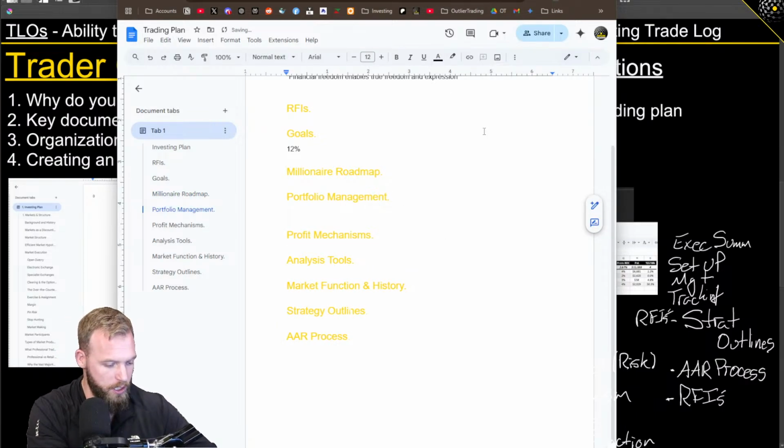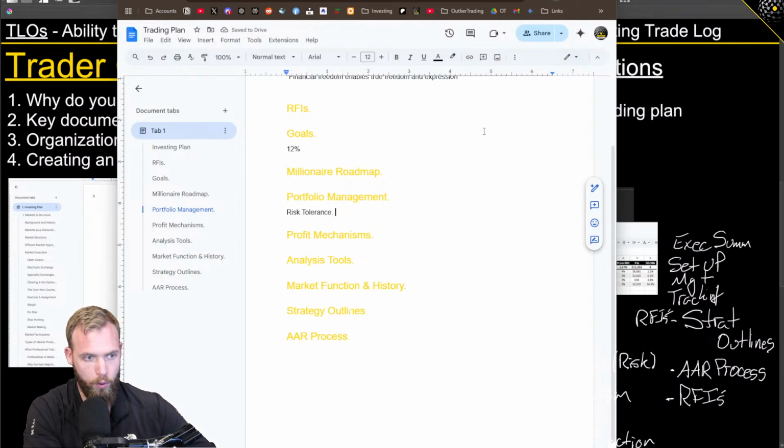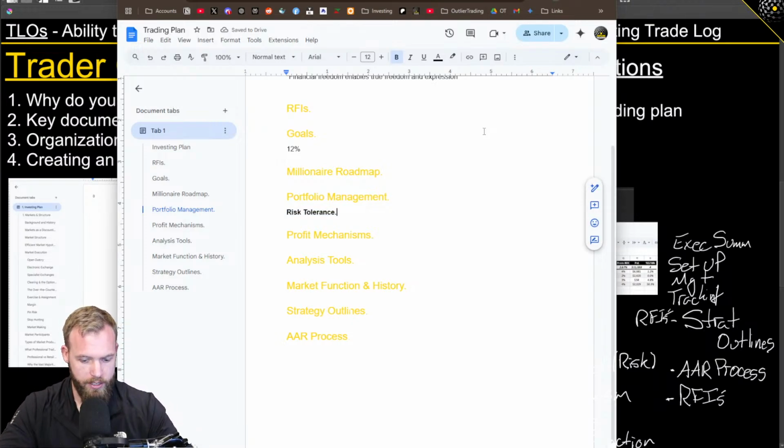The very first thing we need is risk tolerance. So this means of your total portfolio, how much of it are you willing to not see anymore in pursuit of this? The way that I explain this to people is we have to take risk in order to get to a reward.